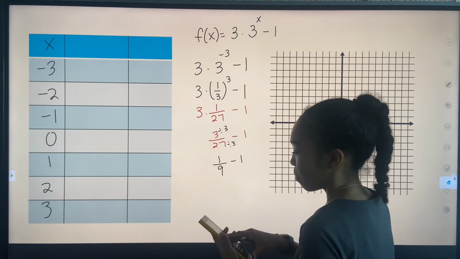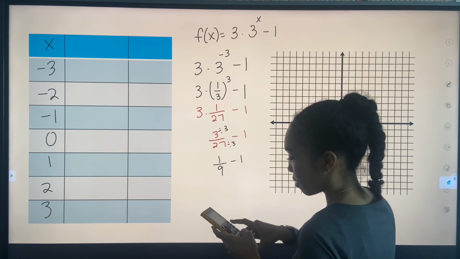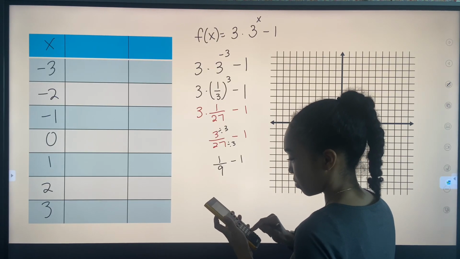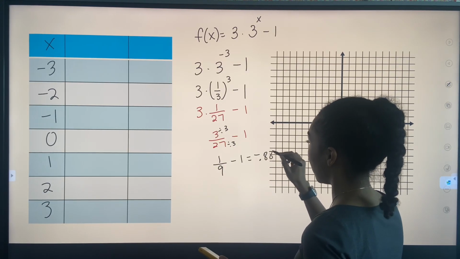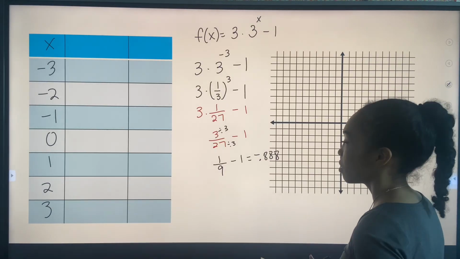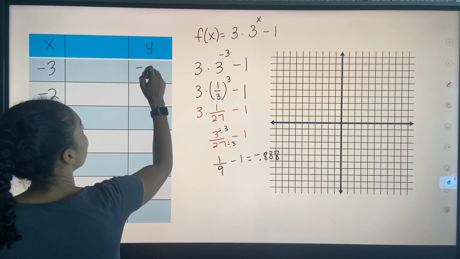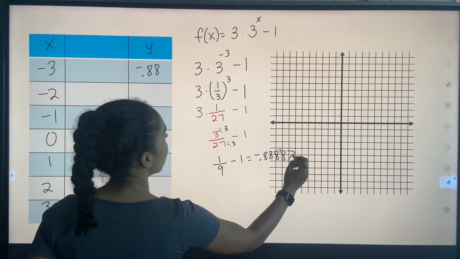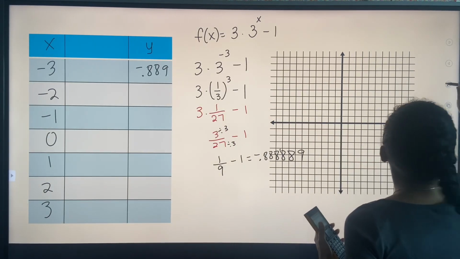And 1/9 minus 1, let's do that. 1/9 minus 1 is, let me make it a decimal, negative 0.888, and it keeps going. Okay, so I'll put that in here. The y value for that is negative 0.88. I guess I'll put a 9 there. It just keeps going, and then eventually it ends in 9. So I'll do that.